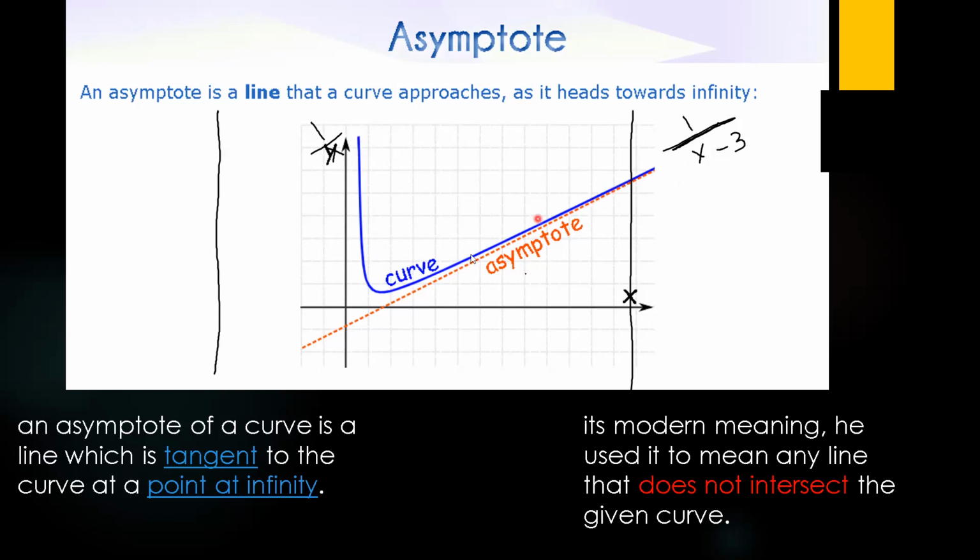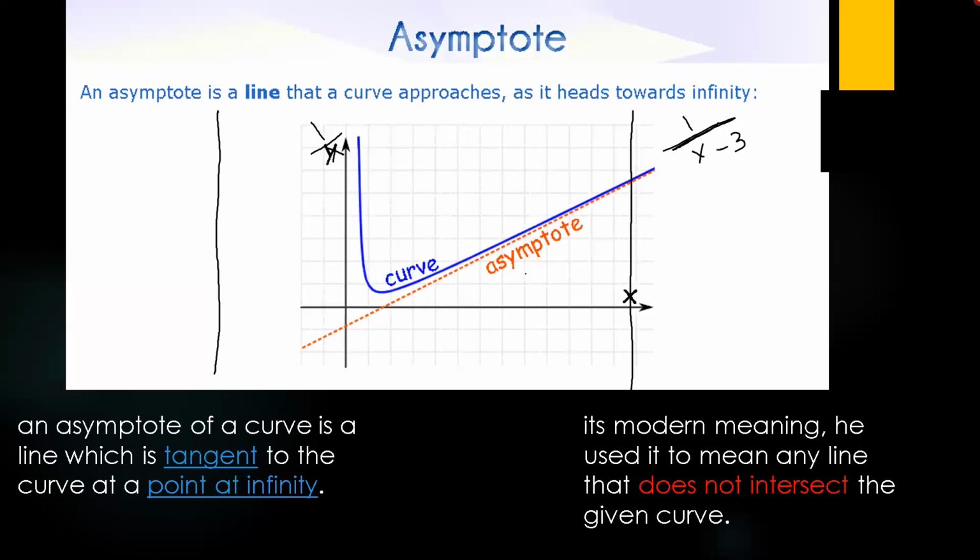And the asymptote is a line that doesn't intersect it, doesn't touch it, but it will touch it at infinity. I don't see this intersection, but in my curve here, in my given area, it doesn't touch it, doesn't reach it.